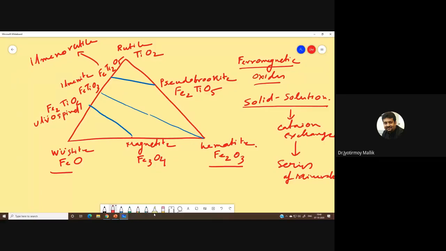Similarly, you can see that magnetite and ulvospinel, which is Fe2TiO4. What is happening? Fe3O4 is magnetite, and Fe2TiO4 is ulvospinel. I am actually creating a series of minerals.